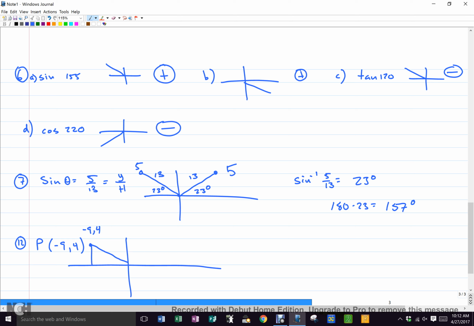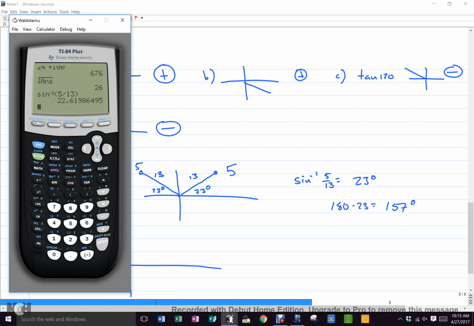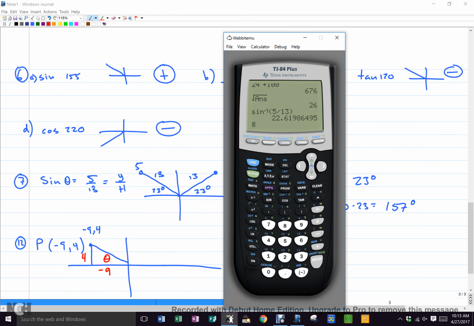Well, the reference angle lives right there. So I can find the reference angle by checking, since this is up 4 and this is -9, I can use tan to find the reference angle. So if I go to my calculator, shift tan 4 divided by -9, and I get -23.96, so 24 degrees.